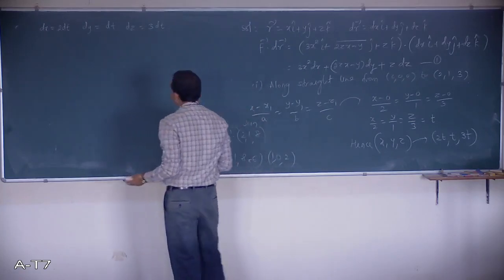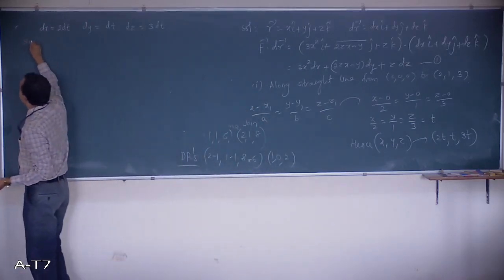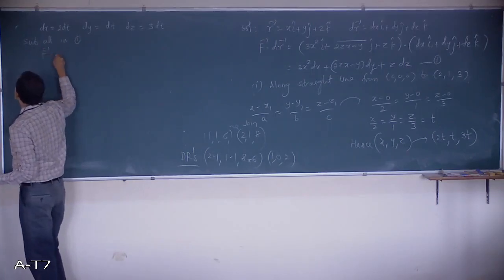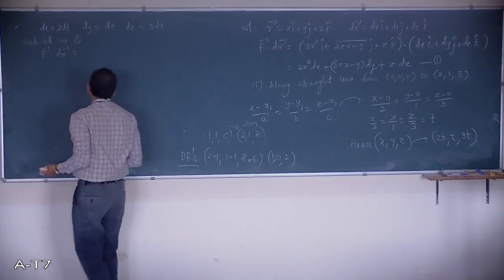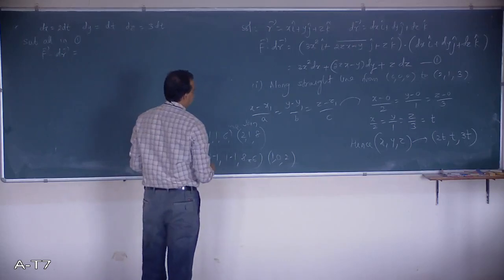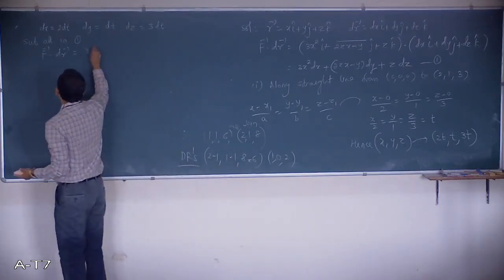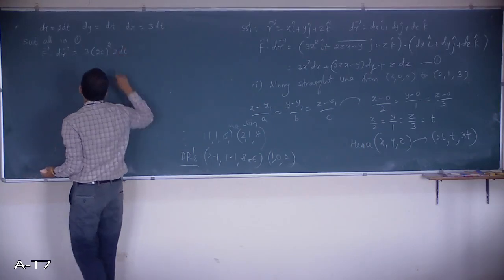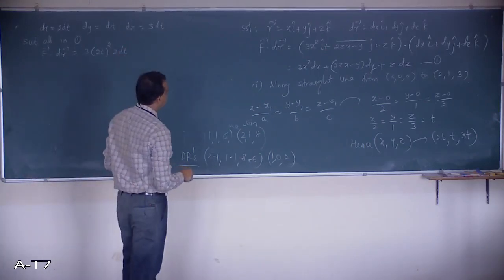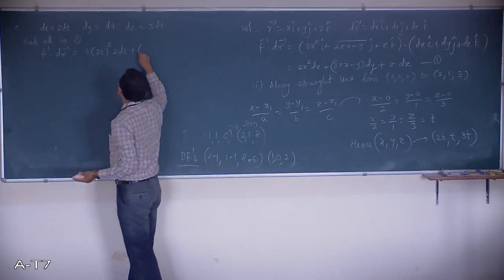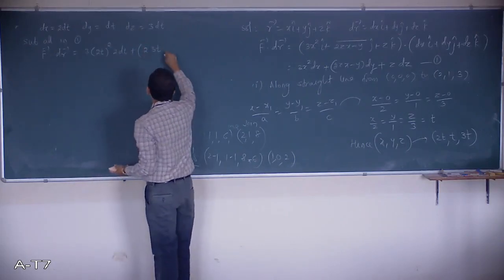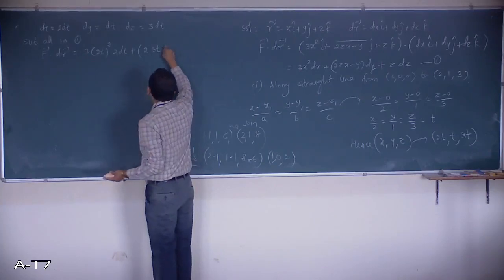Substituting all the values in 1, we get F dot dr. So what is x? 3x square. So it is 3 times (2t) square. What is dx? 2 dt. Next, what is 2zx? z is how much? 3t. x is how much? 2t.